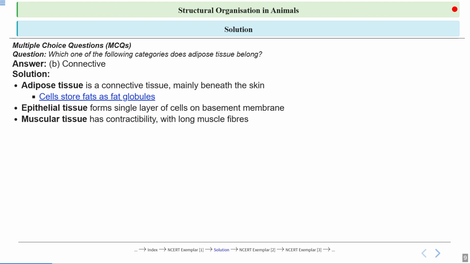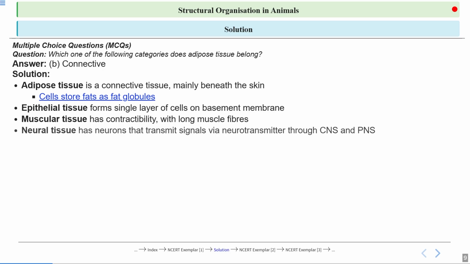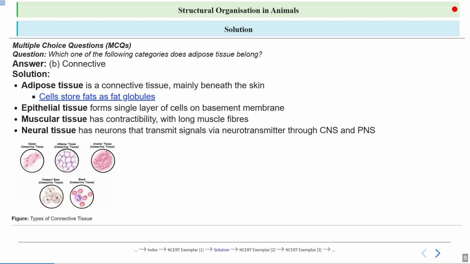Muscular tissue has contractility with long muscle fibers. They have the capability to contract and relax because of the presence of muscle fibers. And neural tissue has neurons that transmit signals via neurotransmitters, through the central nervous system and peripheral nervous system. Here you can see the different types of connective tissue.